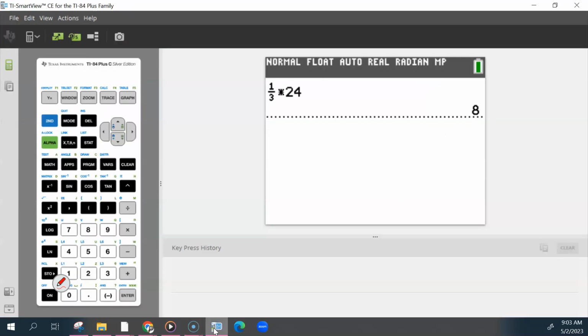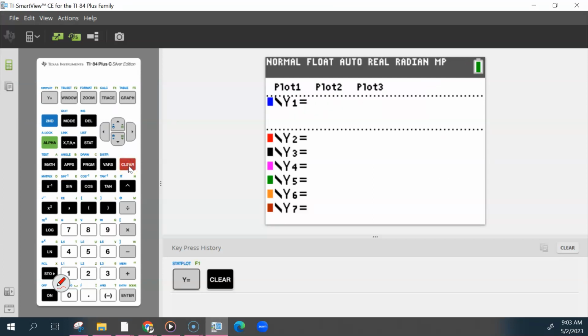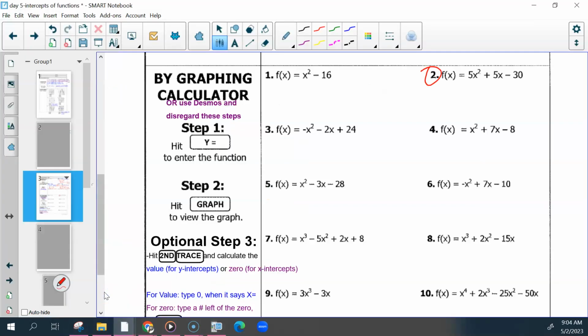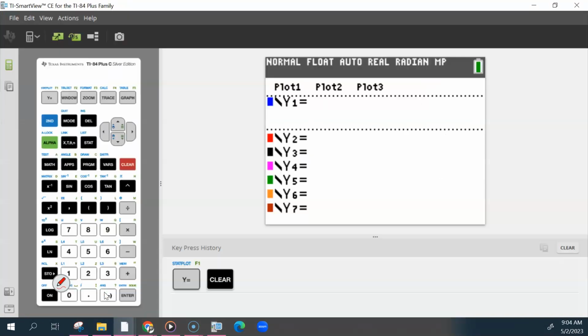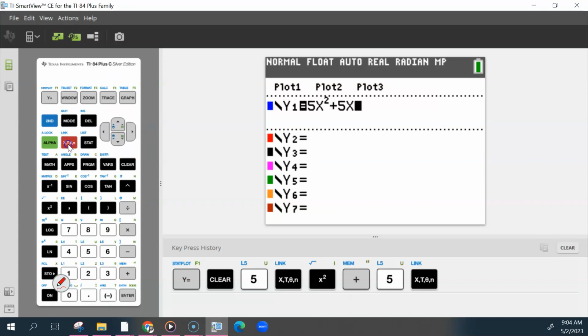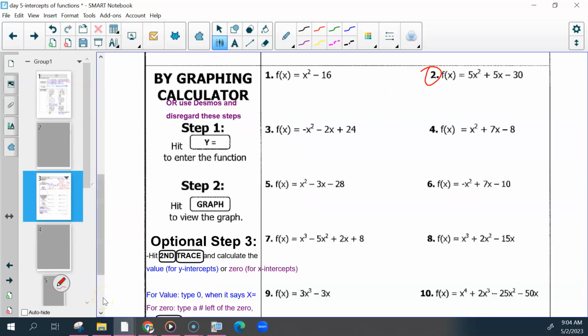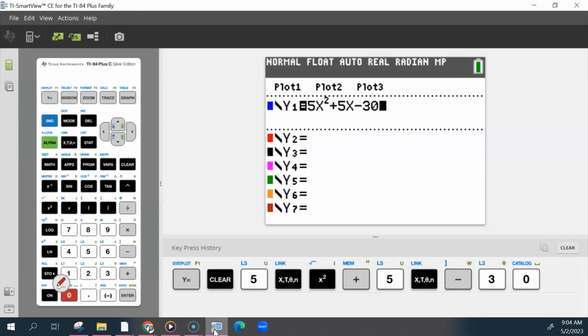In your y equals, clear out whatever's there. Type in the equation for number 2: 5x squared plus 5x minus 30. And hit graph.